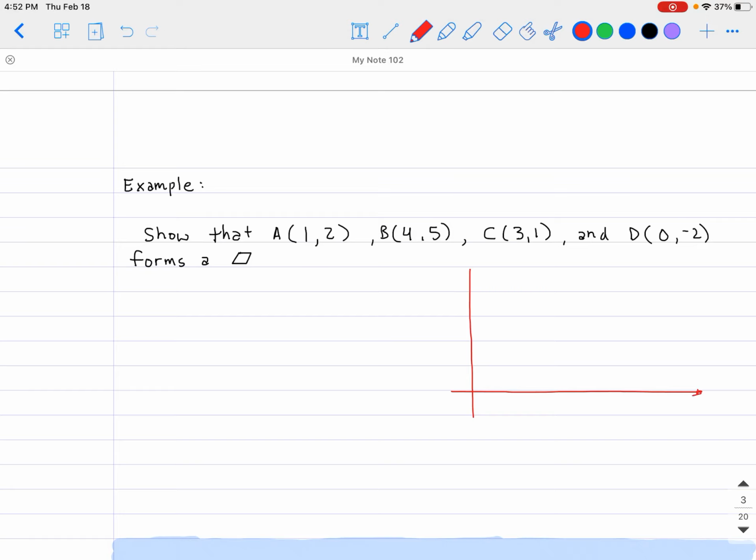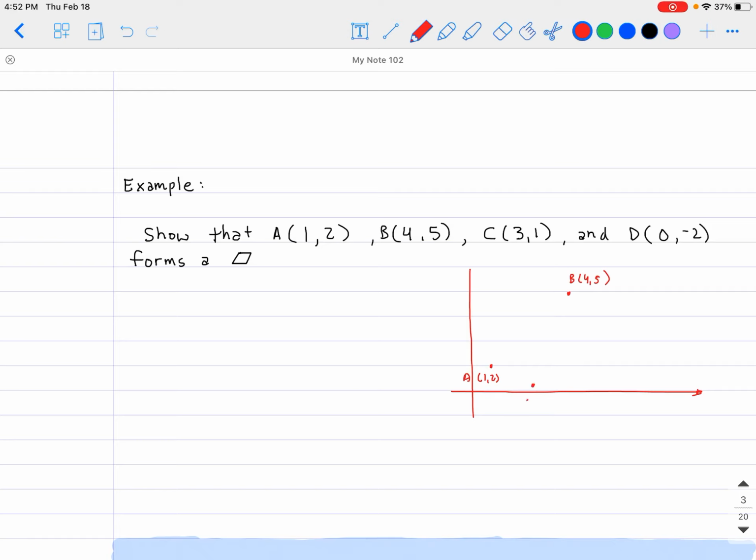So A, which is going to be over here, has a coordinate of 1, comma 2. B has a coordinate of 4, comma 5, so that's maybe somewhere over here. Then we have C, which is 3, comma 1, somewhere over here.